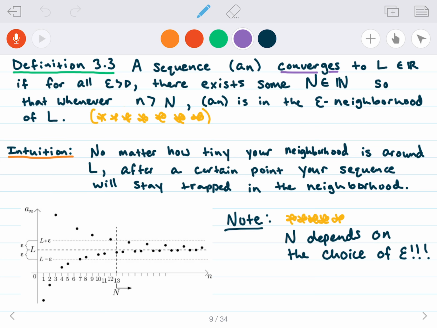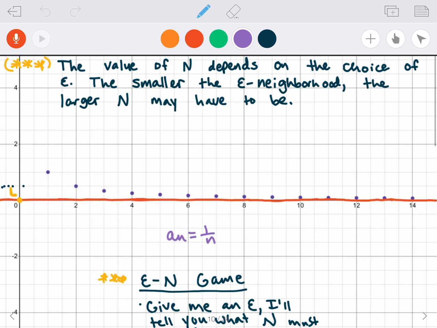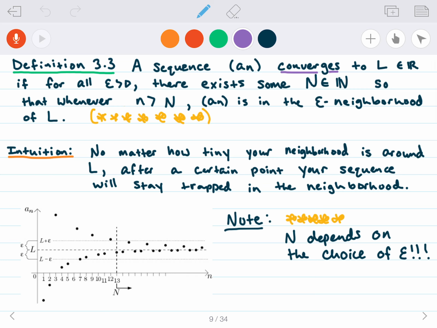I'm going to say this a few times in this lecture, but I think the author says something like, if you don't understand this, brew a pot of coffee and come back to it. It's really important that you understand this definition thoroughly, because it's going to come up again and again.